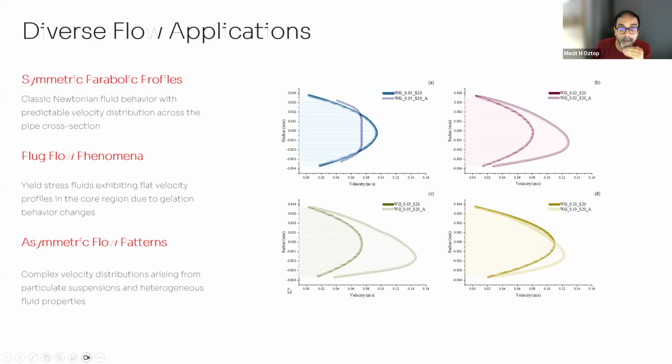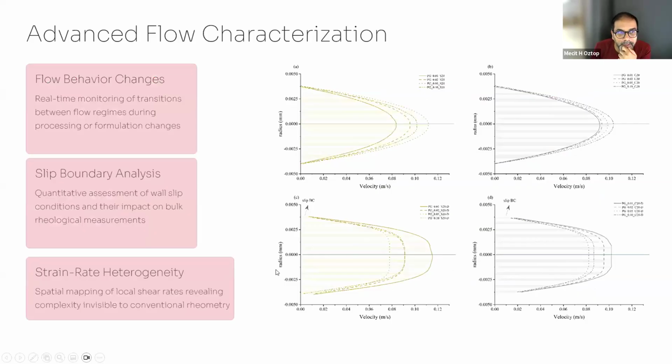So this information can also be obtained from a flow image. So flow behavior change, slip boundary analysis, strain rate heterogeneity. All these can be used as advanced flow characterization tools from the MR images.